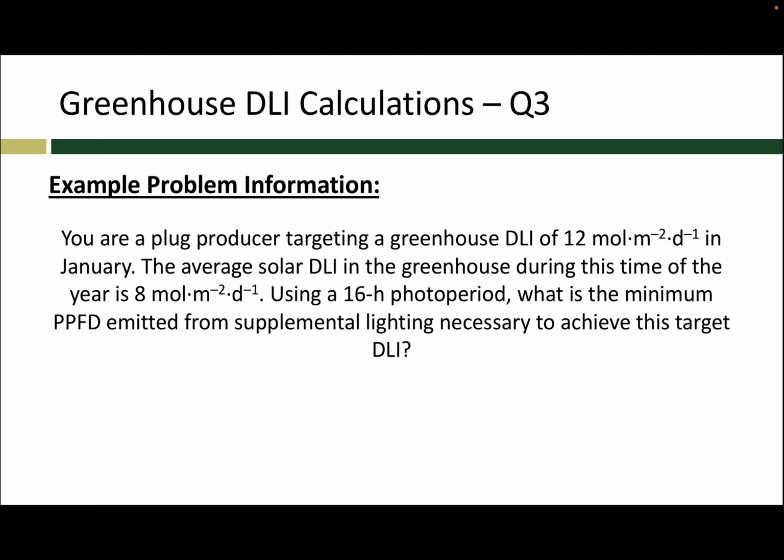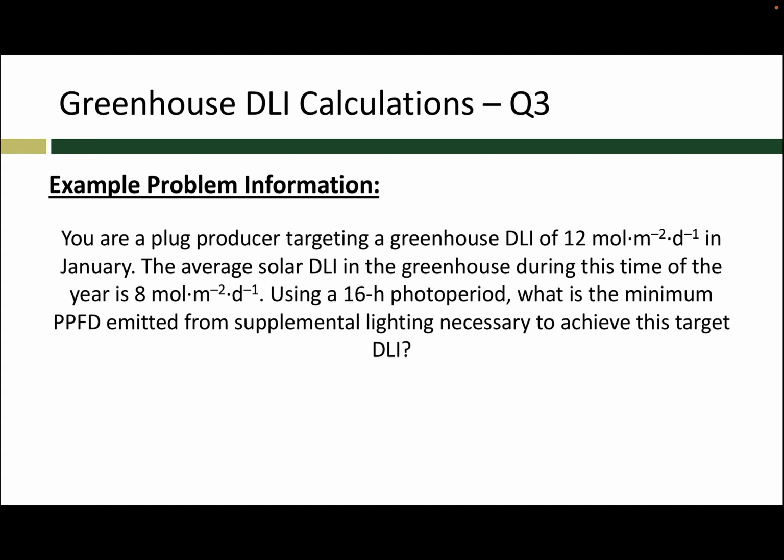So in this case, let's say we're a plug producer and we're targeting a greenhouse DLI of 12 moles per meter squared per day in January. Our average solar DLI in the greenhouse during this time of the year is 8 moles. So our target is 12, solar DLI is 8. We have a difference here that we need to make up with supplemental lighting.